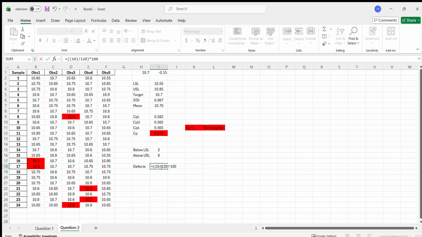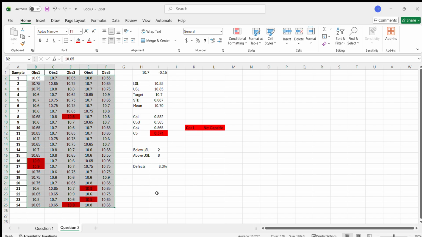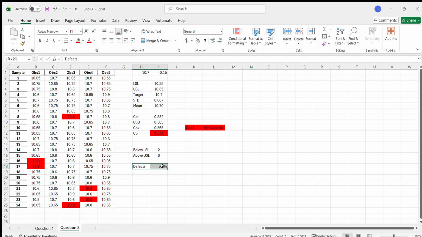That is divide instead of times. That is not right either. That should be 8.33. There we go. This should be roughly 8% of the total items in this 120 sample that are deemed to be defective.